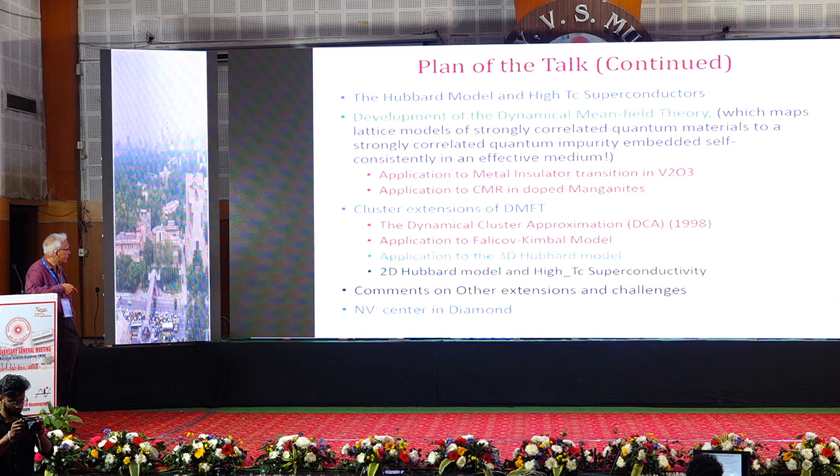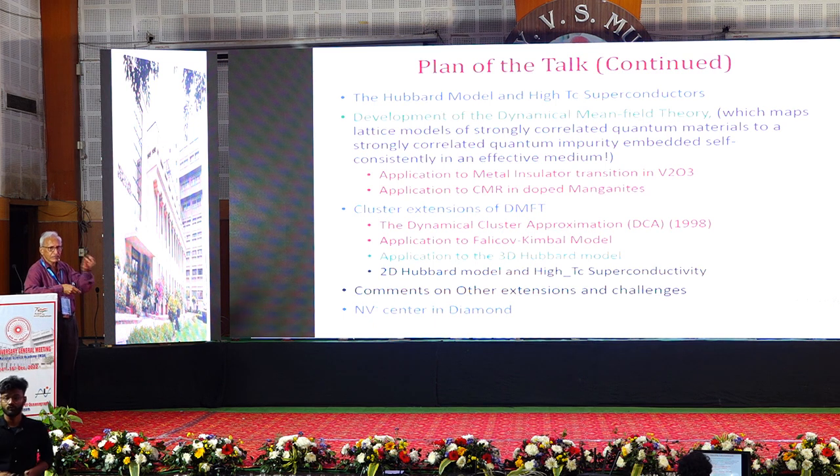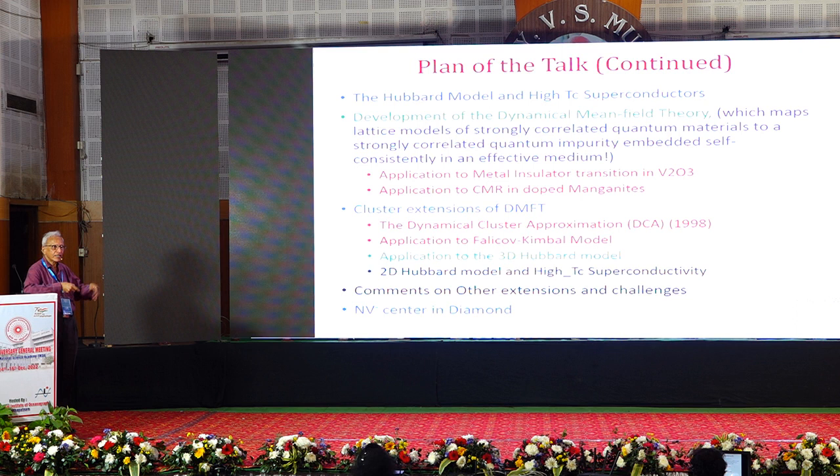I will tell you some examples. You can also do, instead of picking out one site, pick out a cluster of sites of this lattice and treat that as an effective impurity. That leads to a different kind of approach called a cluster extension of DMFT. I'll tell you about it.